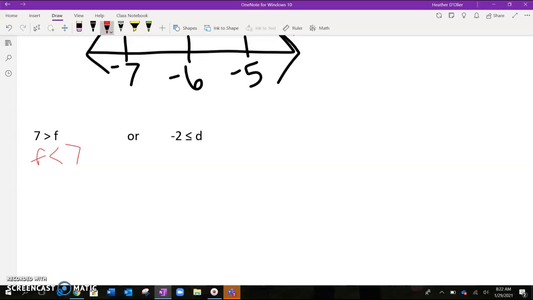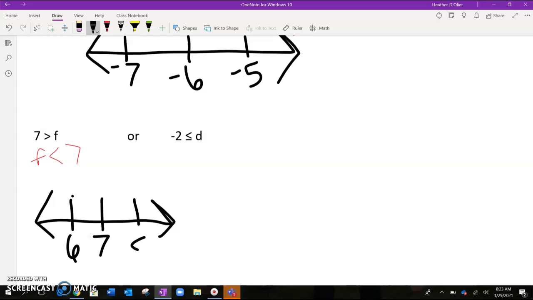Because look, if you're thinking back to elementary school, the alligator is still trying to eat 7, not f. So that's the value that is greater. So when I write this, it's almost backwards of everything else we've been doing. So there's 7, 6, 8.